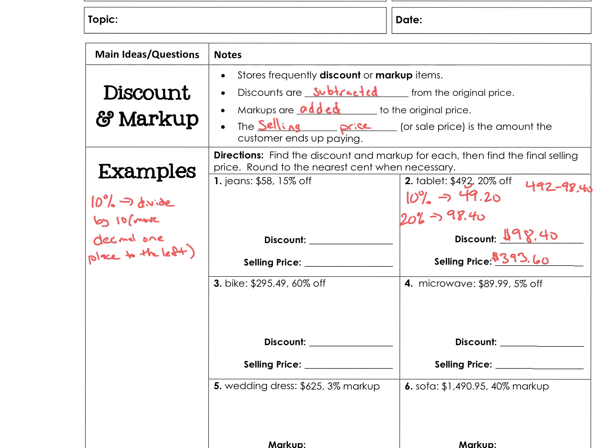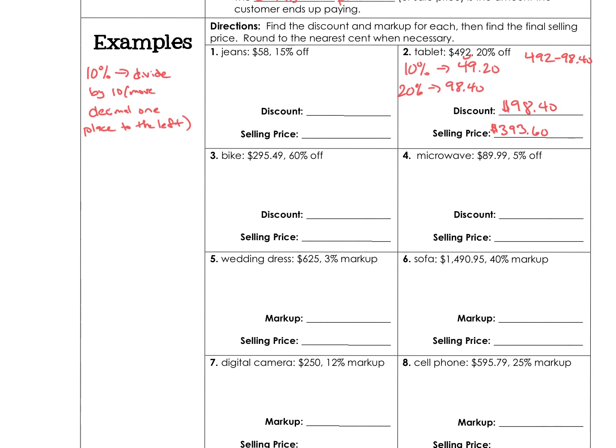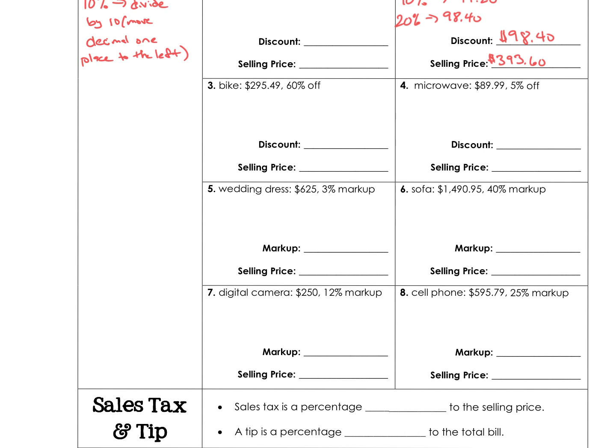The other way you can do it is using the percent equation, which we worked on last class. For example, if we jump down to this markup, number 5, we're selling a wedding dress for $625. It's a 3% markup. Especially because that 3% isn't as nice to work with, I'm going to take the 625 and multiply it by that 3% markup as a decimal.